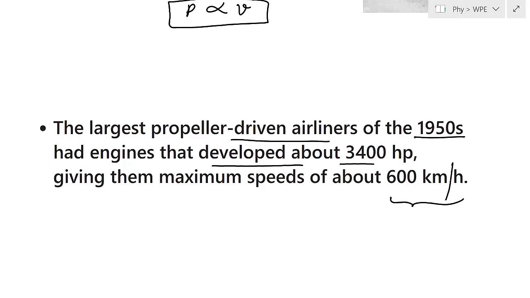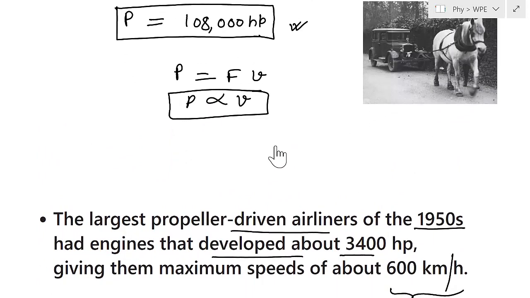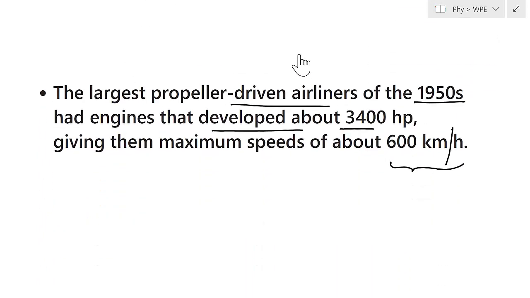Compared to this problem, where the power is around 108 kilo horsepower, in that case it is very less, around 3.4 kilo horsepower. So these days we are having very high power generated by the engines, and that's why the speed of the airplane is much larger than the older airplanes that used to have a speed of around 600 or 700 km per hour.